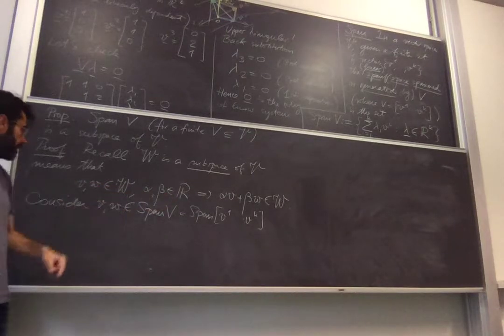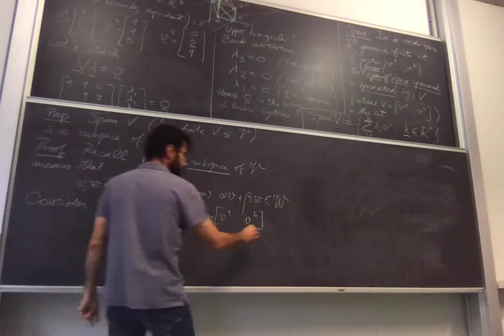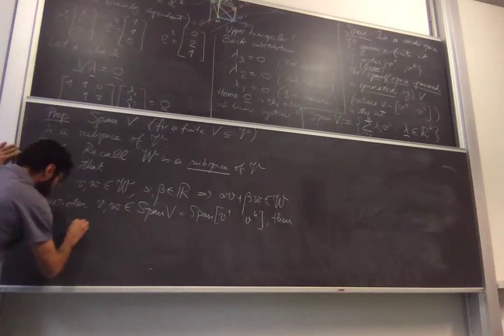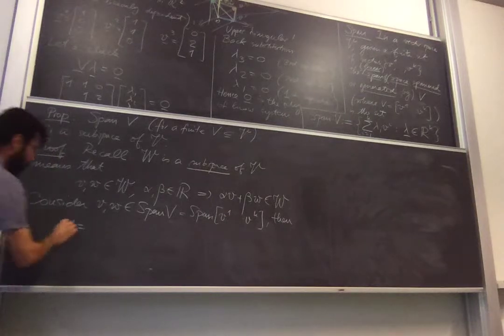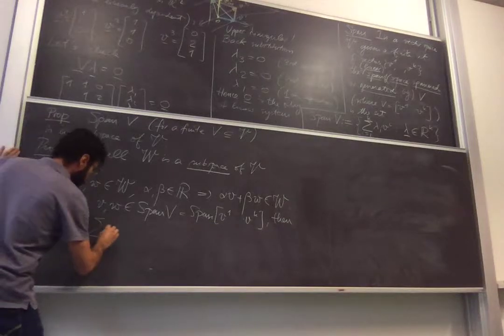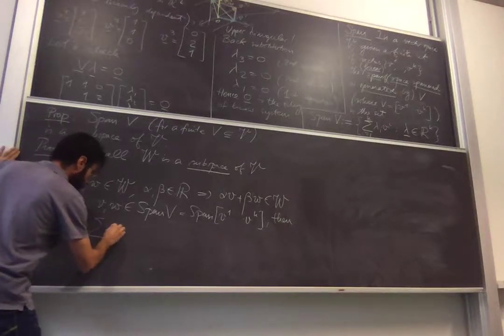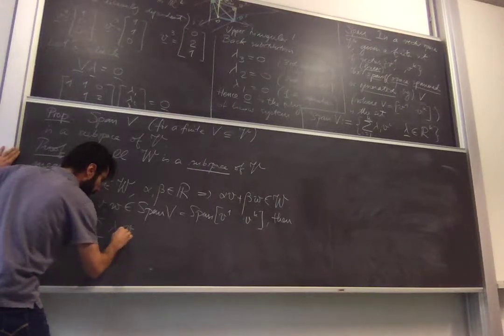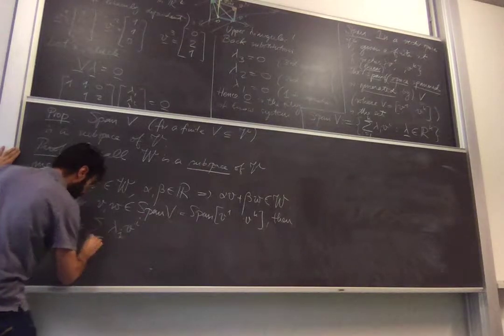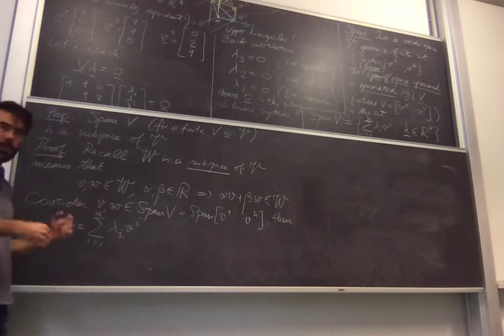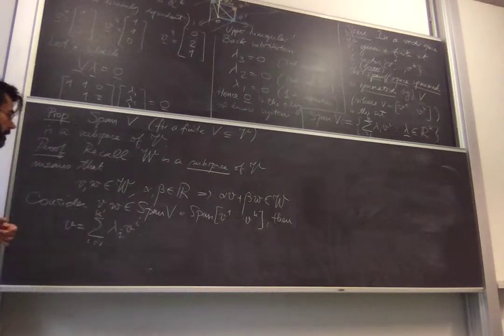Then V is equal to a linear combination, let's call it lambda 1 V1 plus dots plus lambda k Vk.